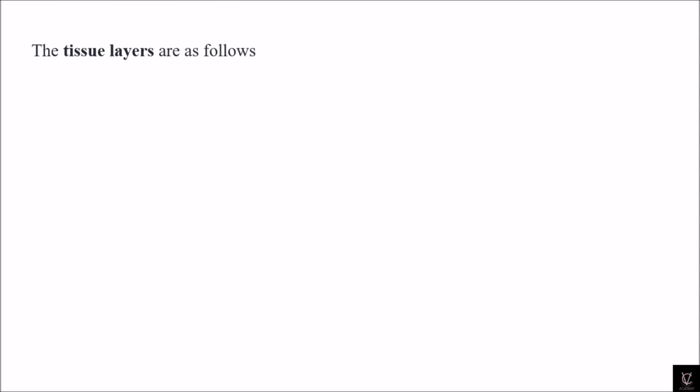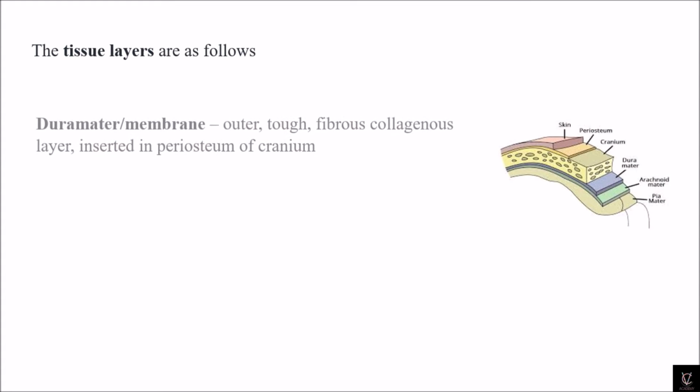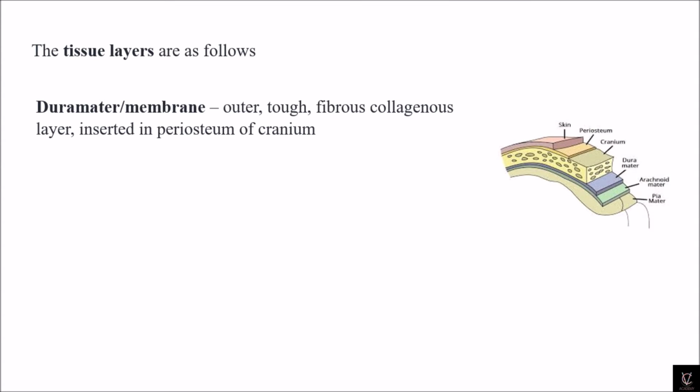So the tissue layers are as follows. The tissue layers or membranes are: Duramater, or dura membrane. It is the outer one, a tough and fibrous collagenous layer inserted in the periosteum of the cranium.